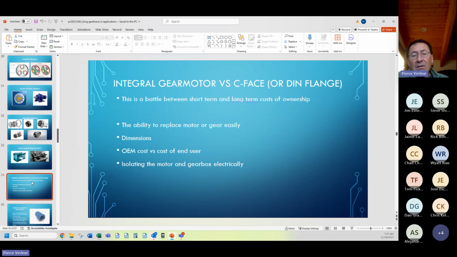There are also manufacturers who make integral gear motors where the output shaft of the motor has the first gear on it and may even have it machined into the shaft. This is very advantageous from a standpoint of space and cost, but causes fits in terms of the world of the end user.